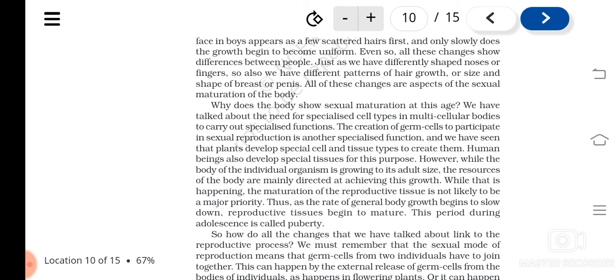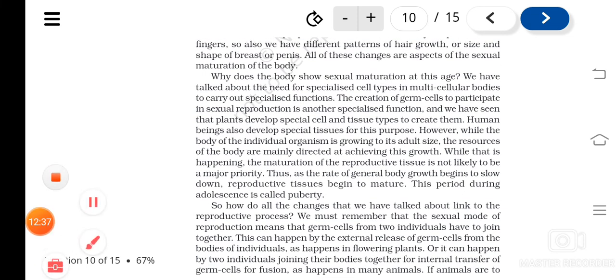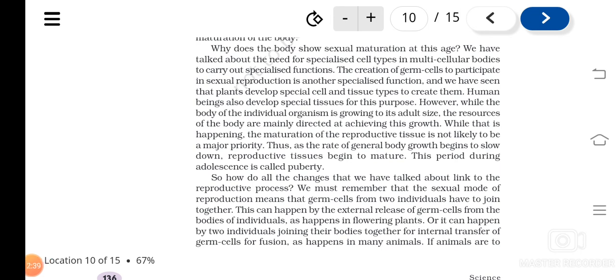The body of the individual organism is growing to its adult size. The resources of the body are used for achieving this growth, meaning whatever nutrients the person takes are used for growth.